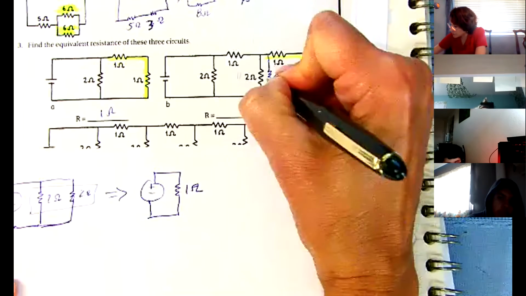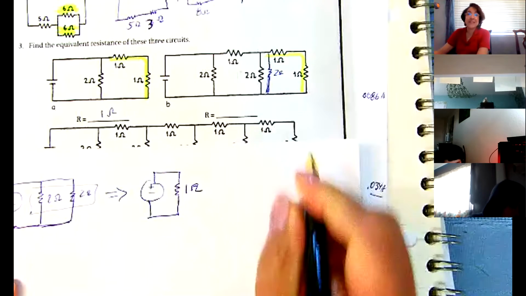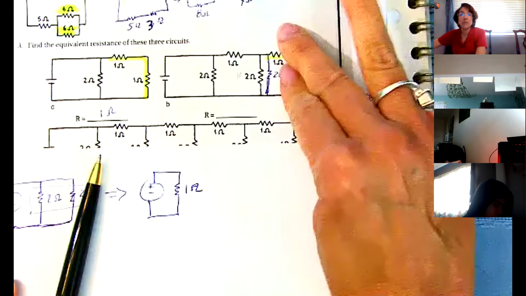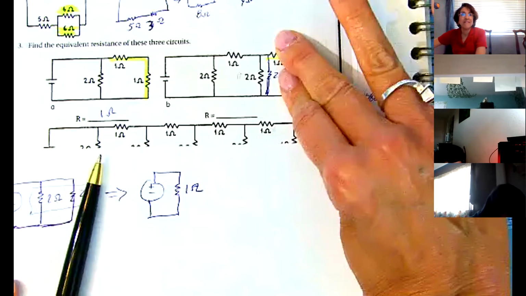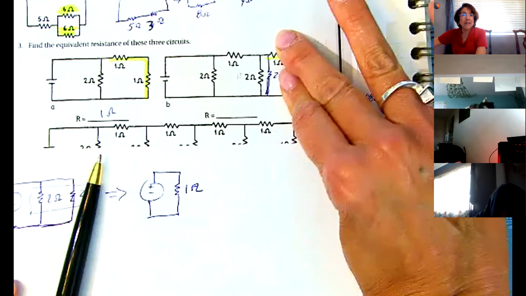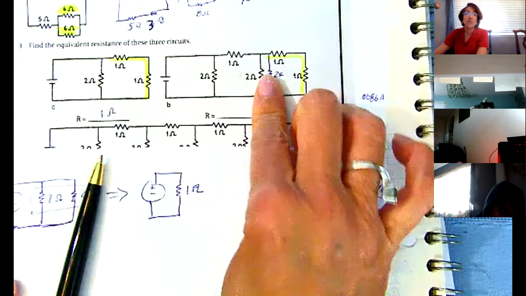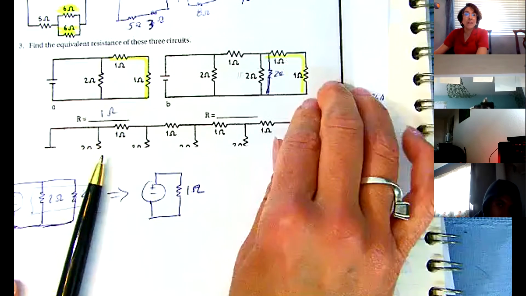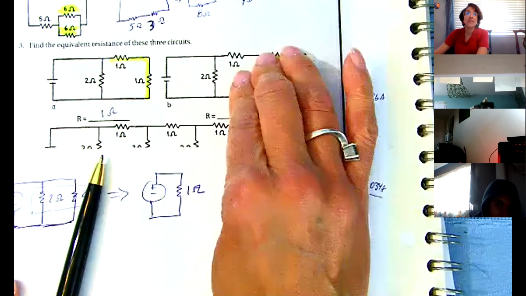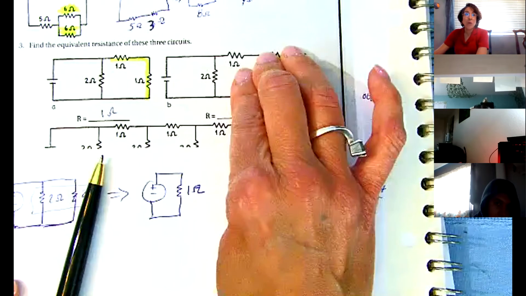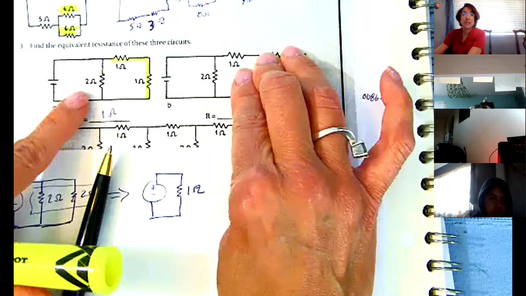Good. So now what do you see? You've got to ignore these yellow; those are gone now. Now they're in parallel. Good. Now he sees these 2 in parallel, and what are those going to be? Those are going to be 1. Exactly. So all this is 1 ohm. Does that look similar to this circuit here?